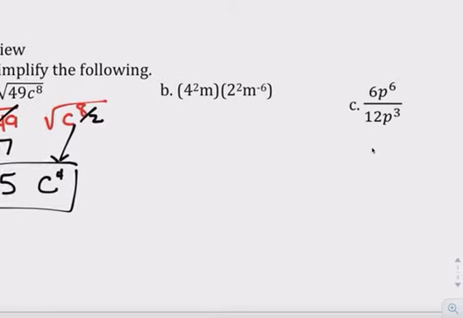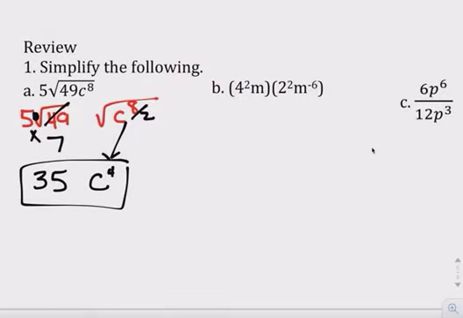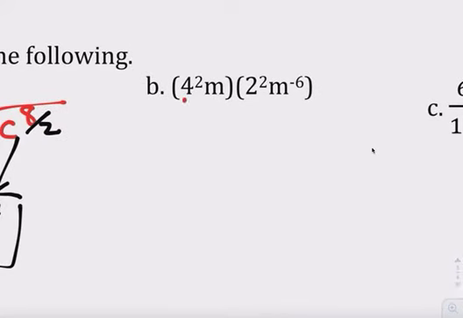Okay, this is product power rule. This is 16m times 4m to the negative 6. These are the same base right here, so we can add the exponent.